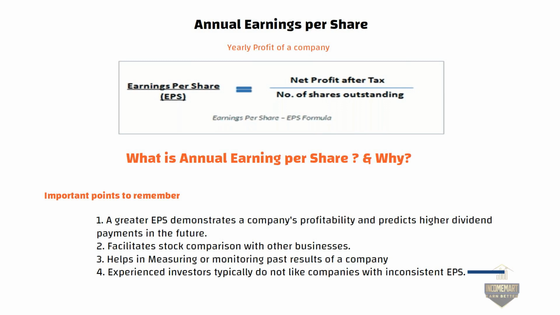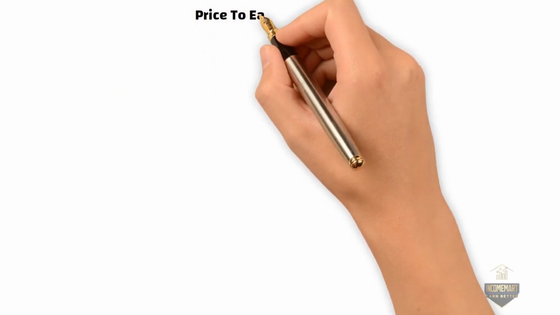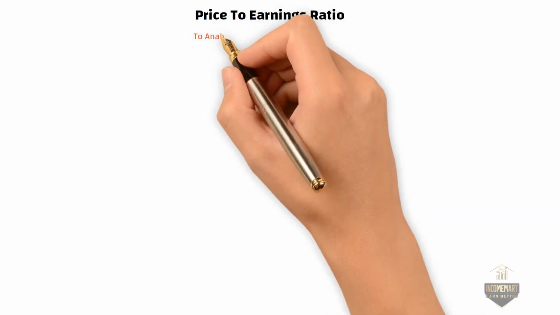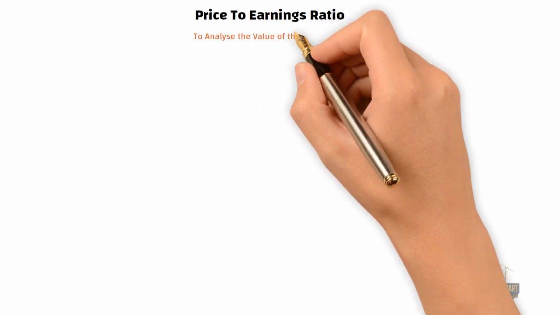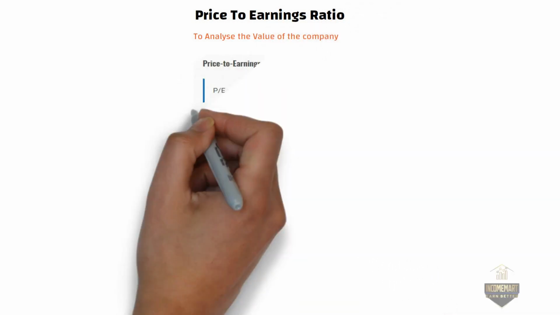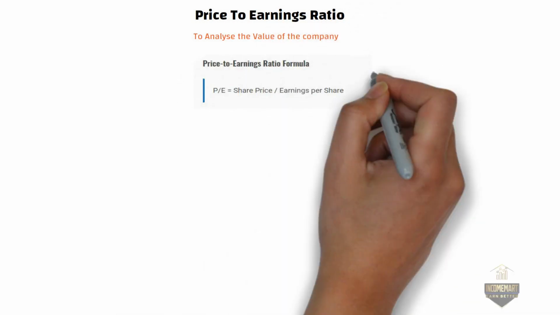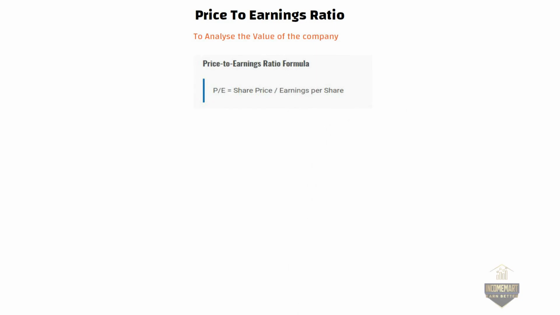Next important topic is the P/E ratio, or price to earnings ratio, a quick way to see if a stock is undervalued or overvalued. Generally speaking, the formula to calculate the P/E ratio is the stock price of a company divided by its earnings per share. Let's calculate the P/E ratio using an example.